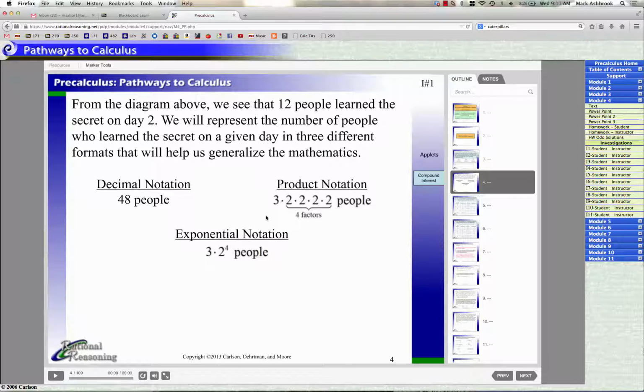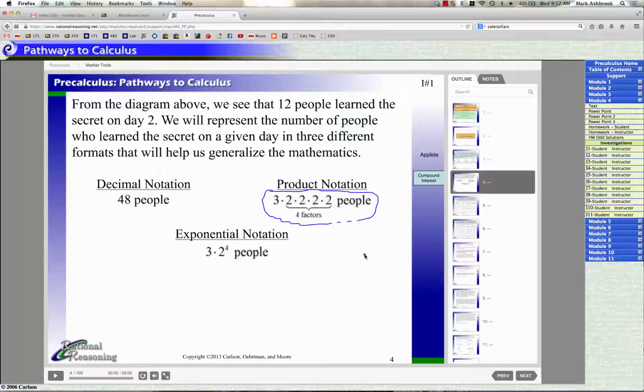So what number of people is this? This 3 times 2 times 2 times 2 times 2 is talking about specifically what number of people? I mean, yes, it's 48, but what does it mean? What 48 people? What's that? Know the secret on that day.